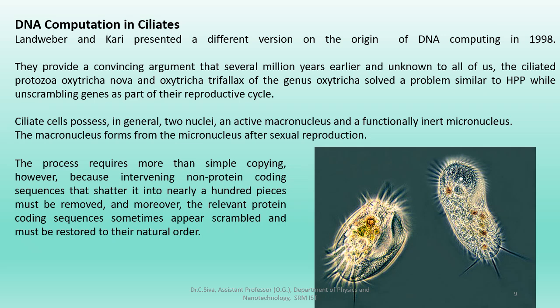Ciliates have two nuclei: the macronucleus, which is active, and the micronucleus, which is inactive. During reproduction, many non-coding segments must be removed and the coding sequences must be rearranged into the correct order.